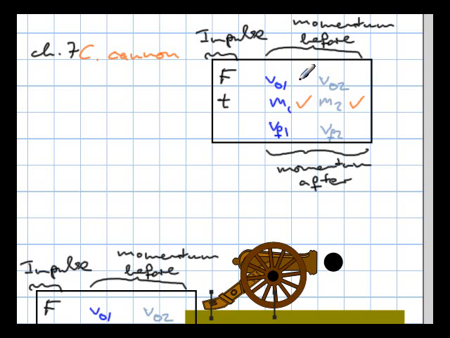The initial velocities before anything happens are 0, nothing moves. For the first part where it's bolted down, we have the final velocity of the cannonball given, so they're not looking for anything there.